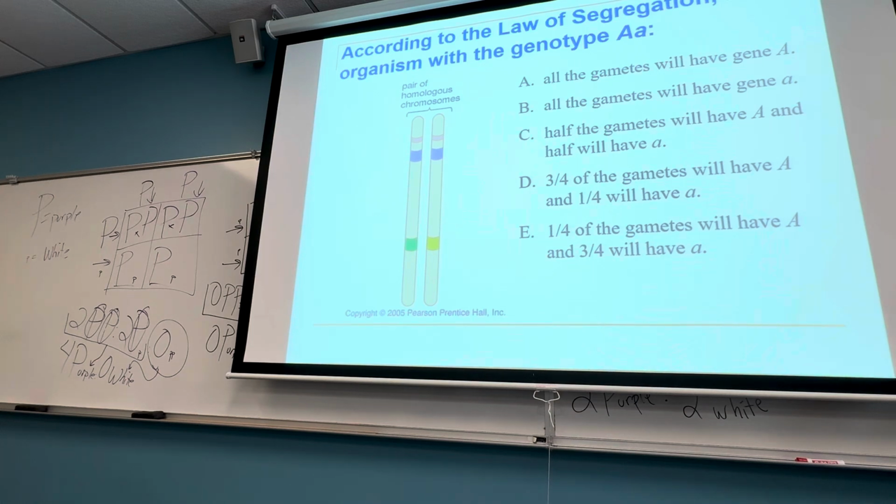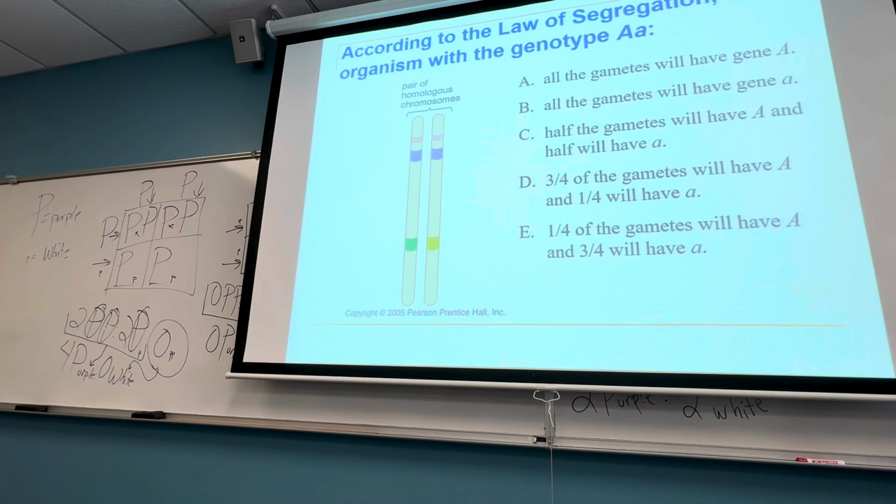According to Mendel's law of segregation, an organism with the genotype big A, little a, will all the gametes have the gene big A? No, right? Will all the gametes have the gene little a? Half the gametes will have big A and half the gametes will have little a? I see some.